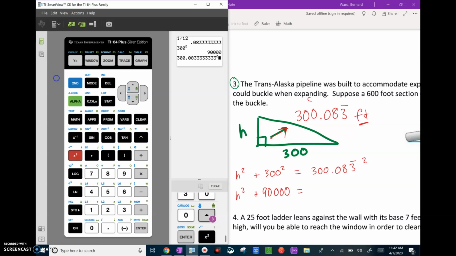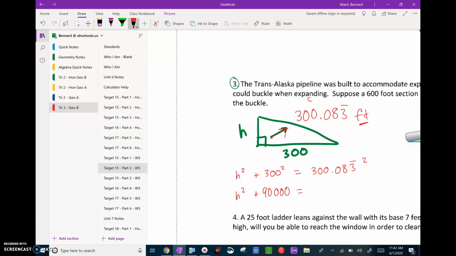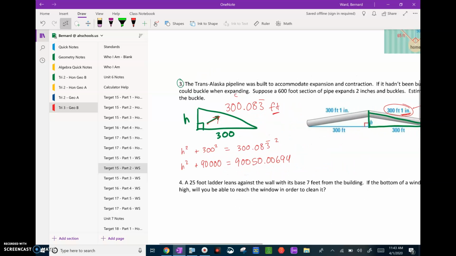Now I can square that number, and when I hit enter, I get 90,050.00694, and so on. I'll write that down: 90,050.00694. And now I have to solve for h.